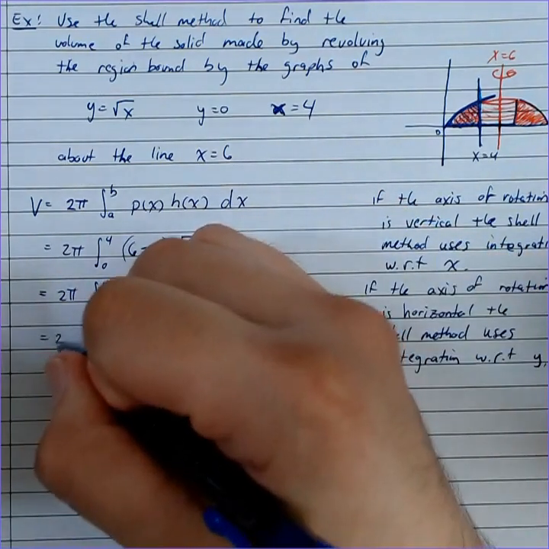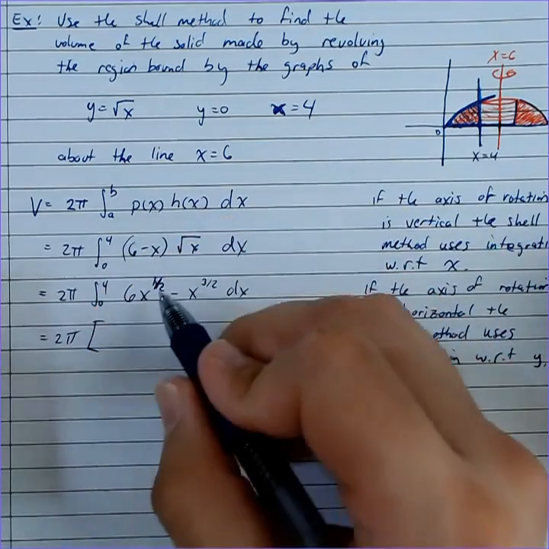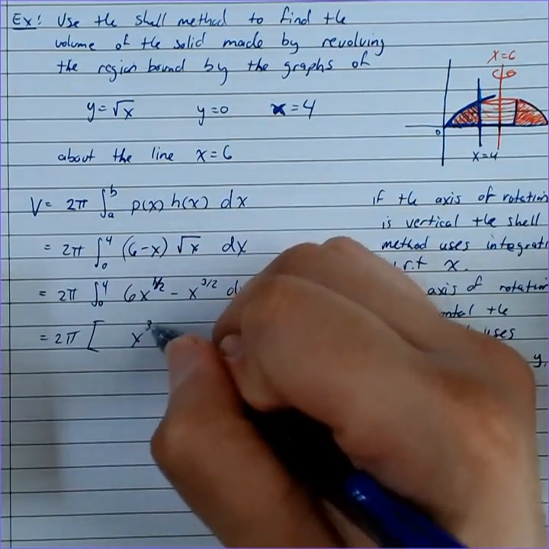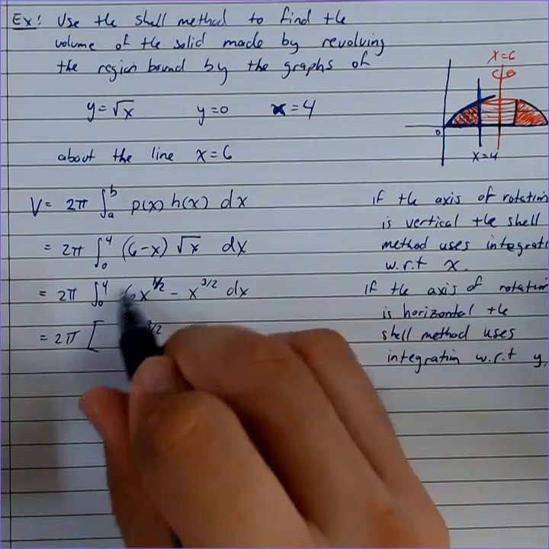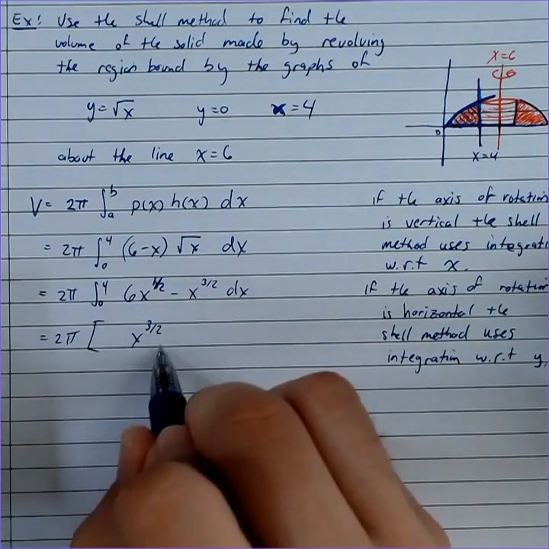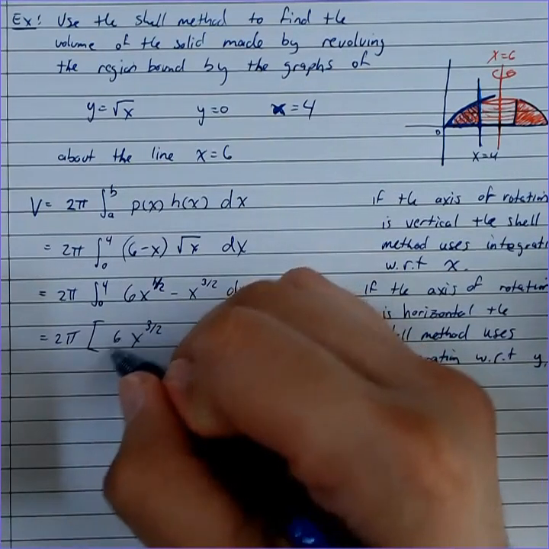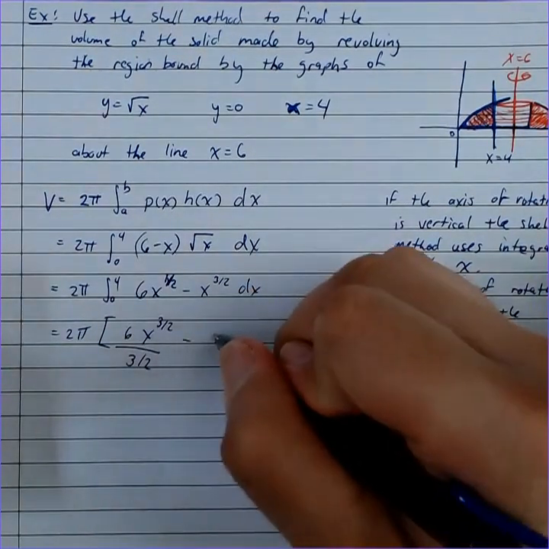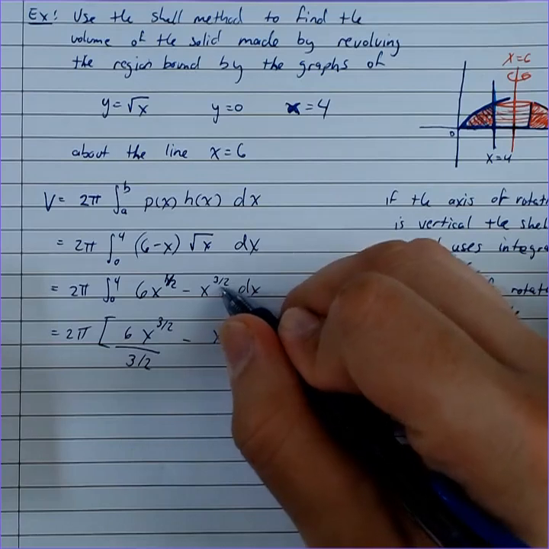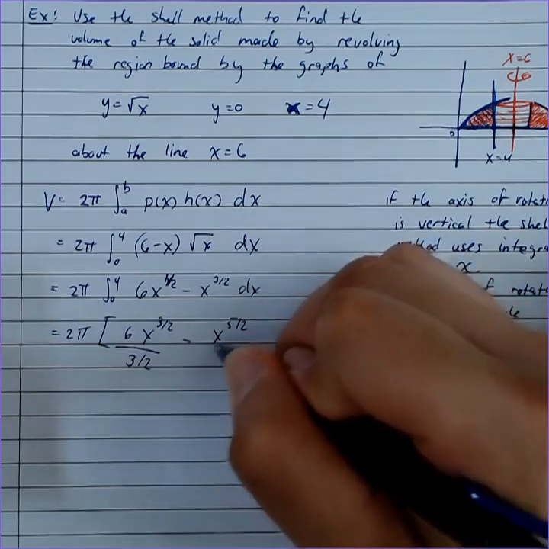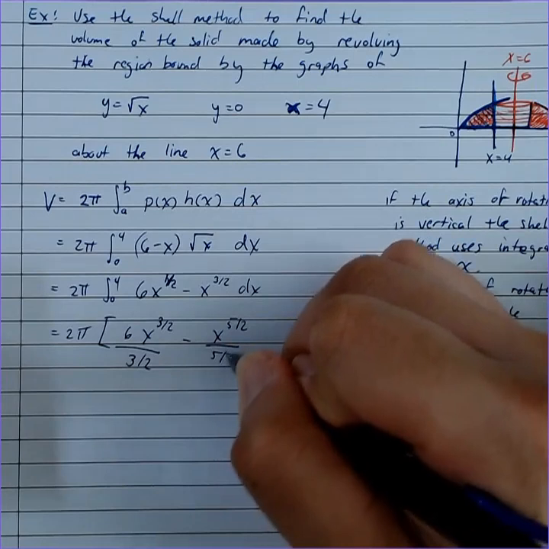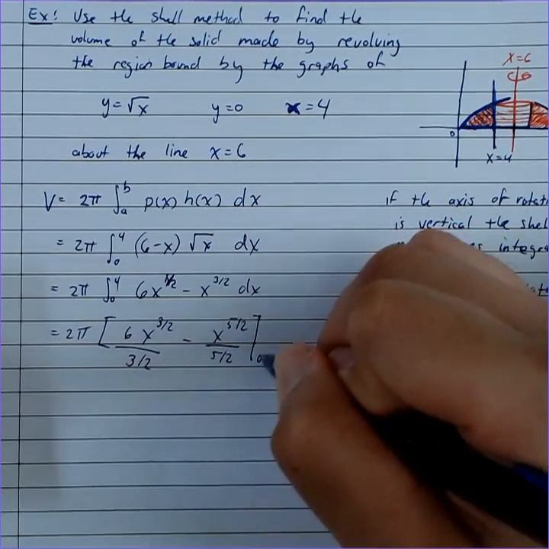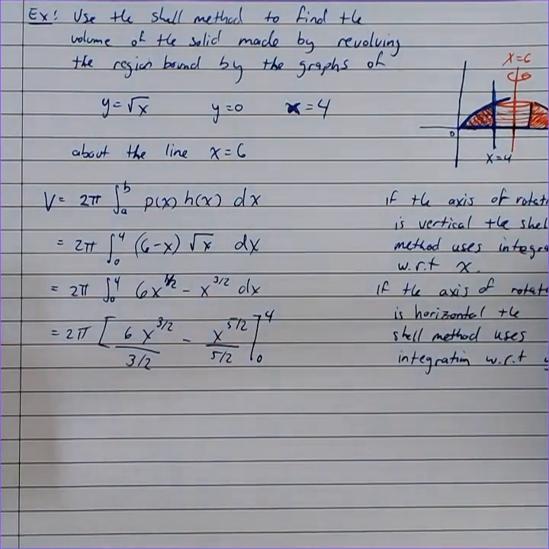And so that's going to be 2 pi times x to the 3/2, but then I have to divide by the new power. So 6, and that's 3/2, minus, and now add 1 to the power, so that's 5/2, then divide by the new power, 5/2, and everything's being evaluated from 0 up to 4.